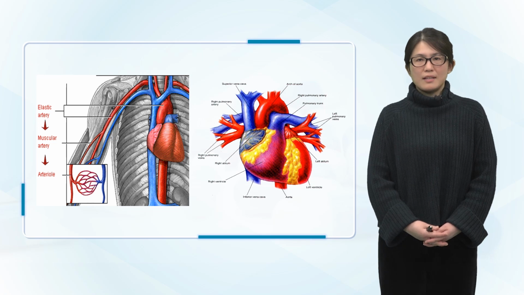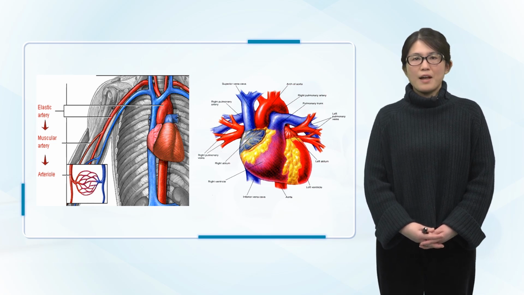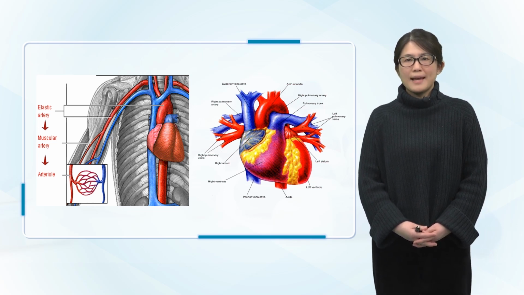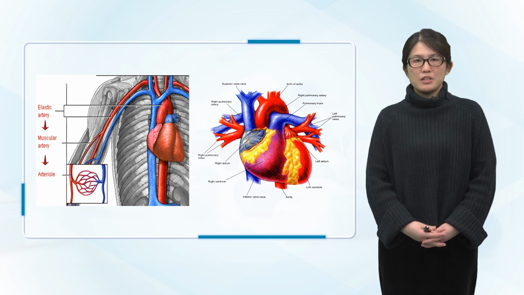The heart is a hollow muscular fibrous organ, shaped like an inverted cone, surrounded by a pericardium, diagonally located in the thoracic cavity and mediastinum.